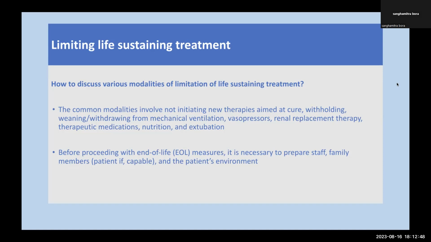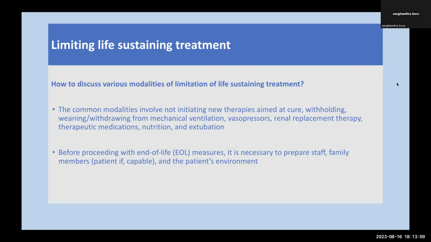So all these things should be kept at bay. And if the patient is already on those, then you will need to find a way to wean the patient off all this therapy.